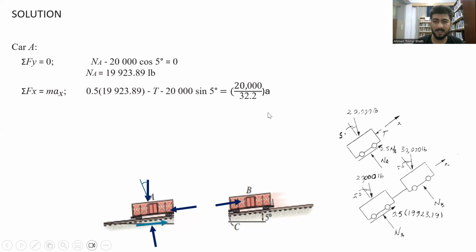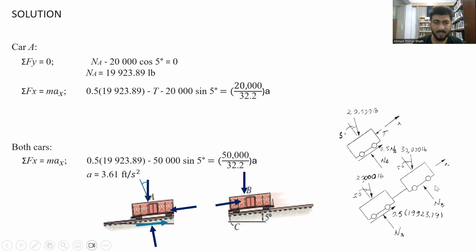For this, we can take both these cars. So with the car B, we have the weight and the tension force. So if we see the free body diagram, then in the horizontal direction, we have again the kinetic friction and normal force that is perpendicular to it.